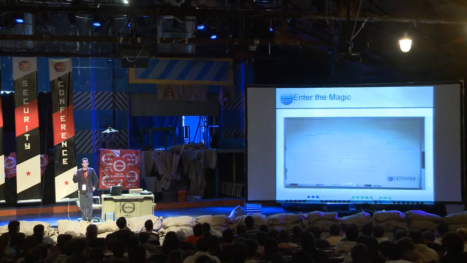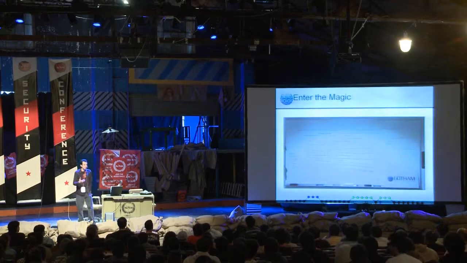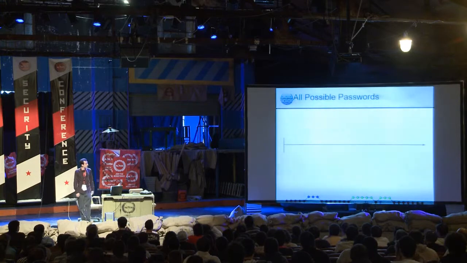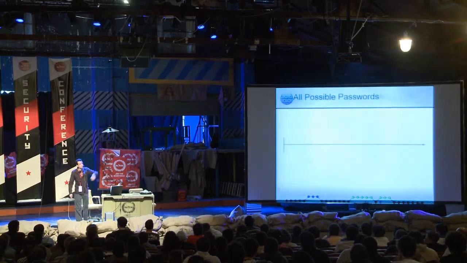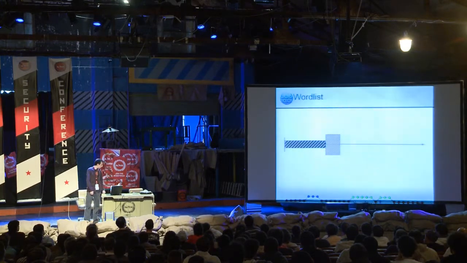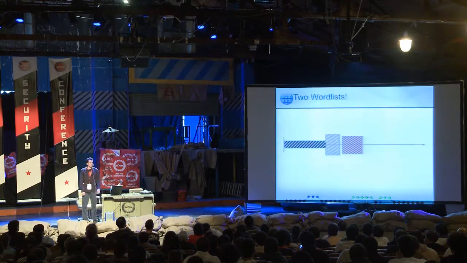And I thought, I have a whiteboard. I can solve this problem. So I thought about how you do password cracking, and this is kind of how it works. If you can imagine this line is all the possible passwords that a user could choose, you're going to do a brute force attack. And then you're going to use a word list. And another one.